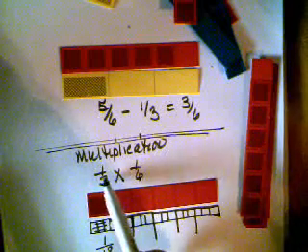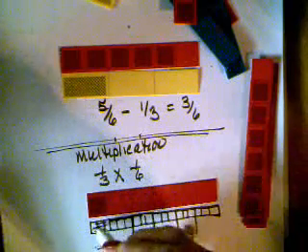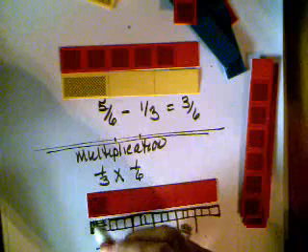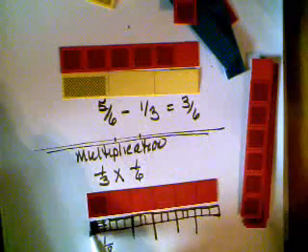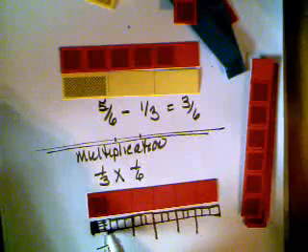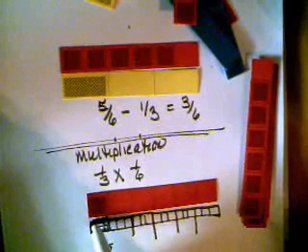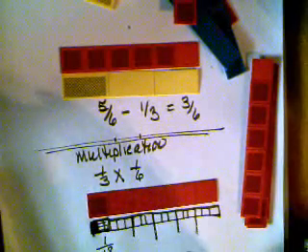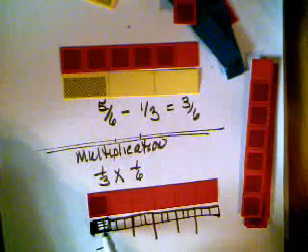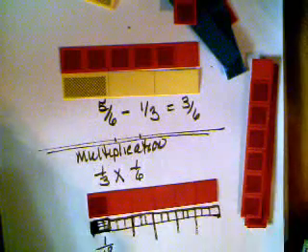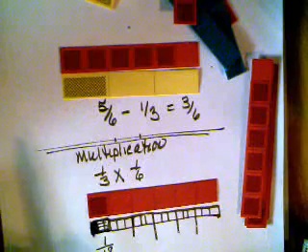So I want 1/3 of 1/6, and that would be this part right here. I want 1/3 of this 1/6 section. But in all, there are 18 parts, and we're going to take one of those.